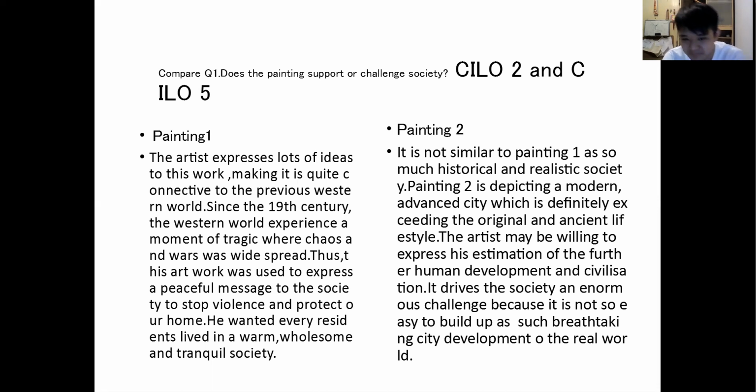But in painting two, it is not similar to painting one. Painting two is depicting a modern society, which is very unimaginable. But the artist also tries to express his views of further human development and civilization.